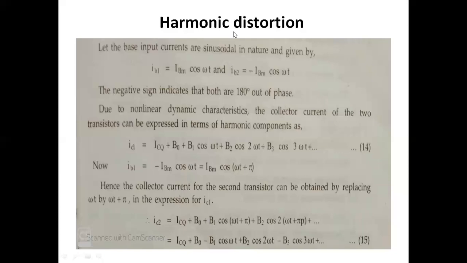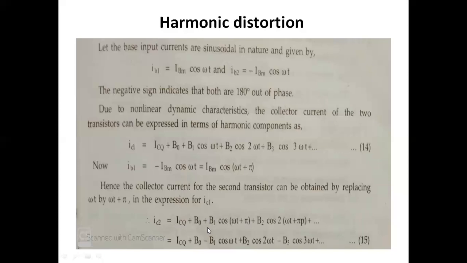If it is the base current of the second transistor, then the collector current becomes IC2 = ICQ + B0 + B1 cos(omega t + phi) + B2 cos 2(omega t + phi) + B3 cos 3(omega t + phi), and so on.